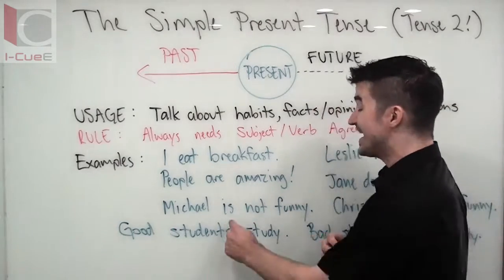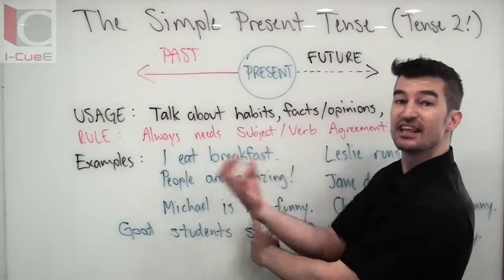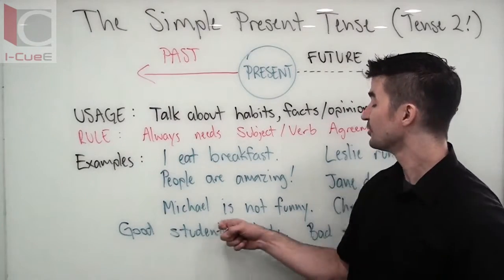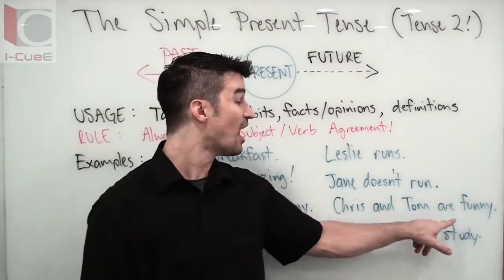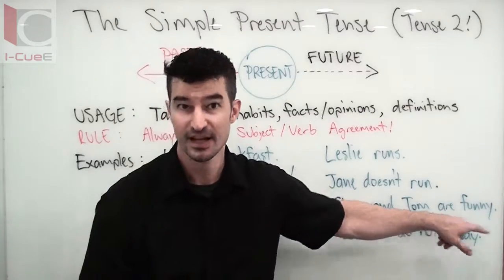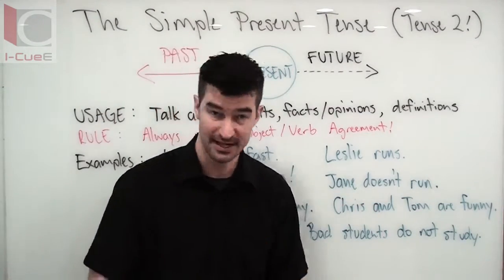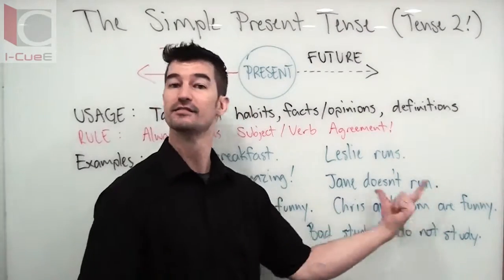So you'll note, is is the be verb, not is the negation that comes after, and then here's our adjective, funny. Michael is not funny. However, Chris and Tom are funny. So here we have the be verb following subject-verb agreement, okay? Is for one, are for more than one.